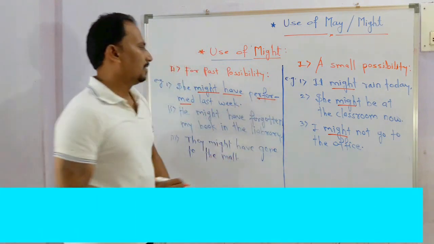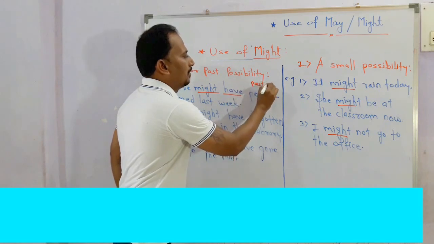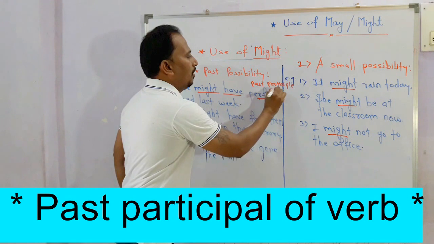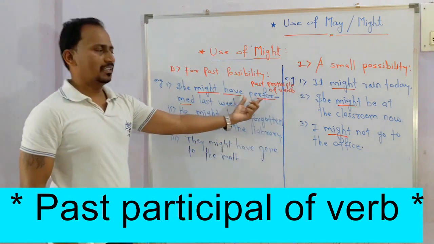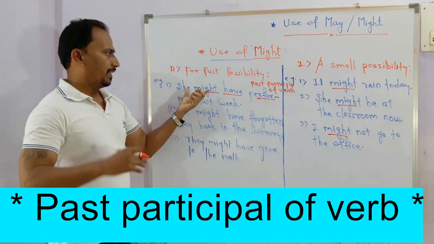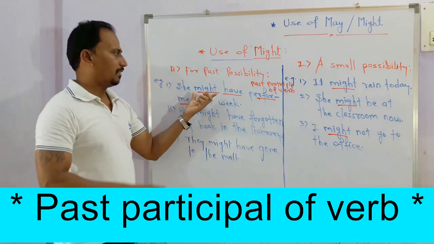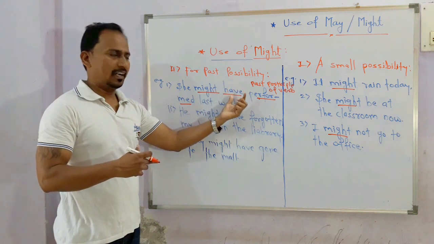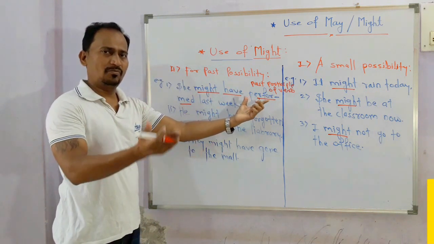This is the past participle of the verb perform, the third form of the verb. So whenever we want to indicate past possibility, at that time we can use might have plus PPV, which means past participle of verb, the third form of the verb.